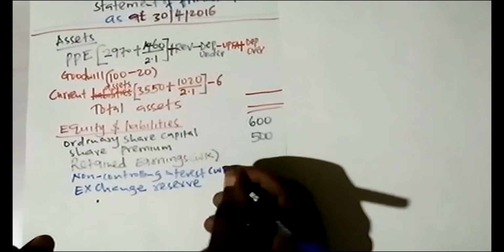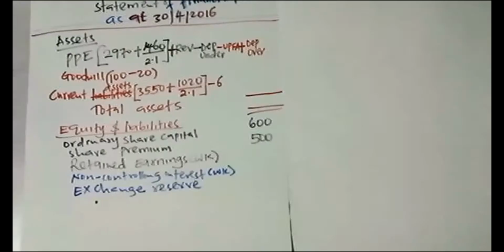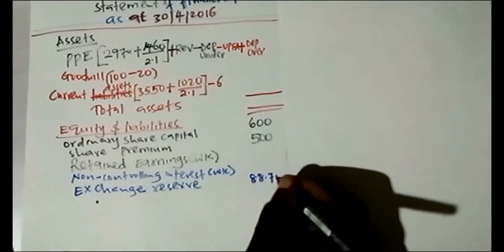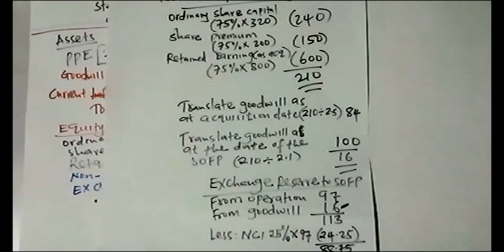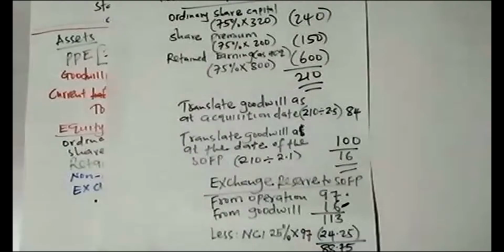So for the NCI, you need to do a working, but for the exchange reserve we already did that, and we got 88.75. Remember that we did that one, and I can display. So there was the 190, the 97 from operations and from goodwill.